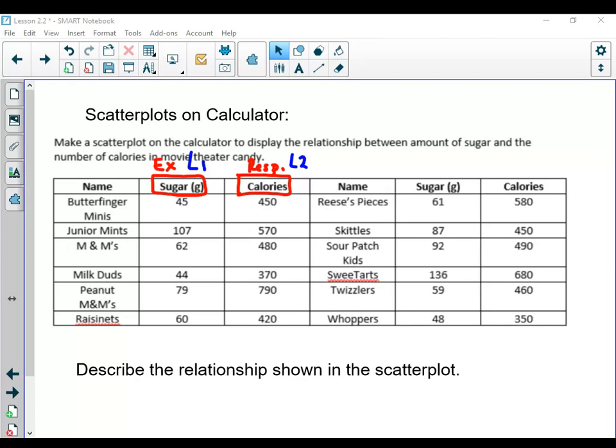Make sure the Y list says L2. And then the mark, that's just what you want your dots to look like. You want it to look like a square or a cross, a little point. That's up to you. All right, well, if I tried to graph this now, say I looked at mine and I tried to graph it.